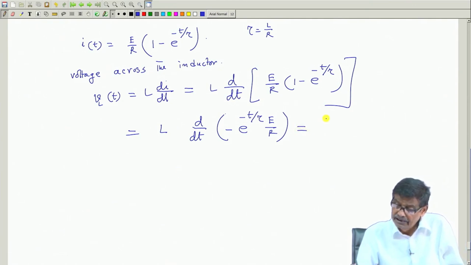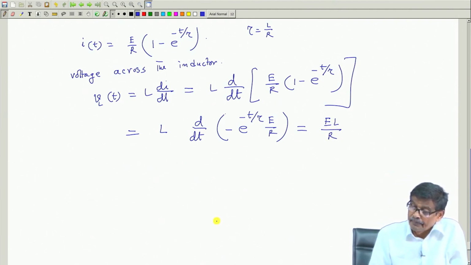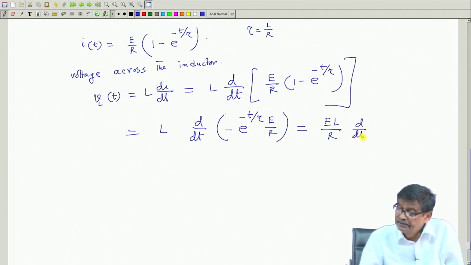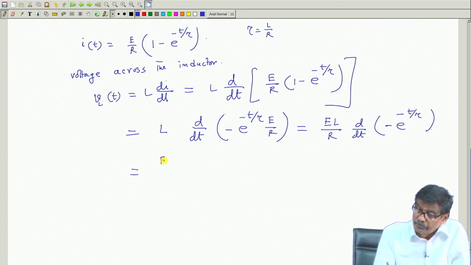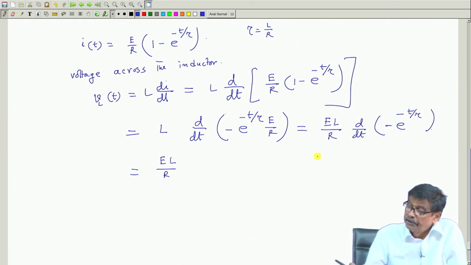So, E by R can be taken outside. It will be E L by R. And if you differentiate it, minus minus, that is plus 1 by tau into e to the power minus t by tau.